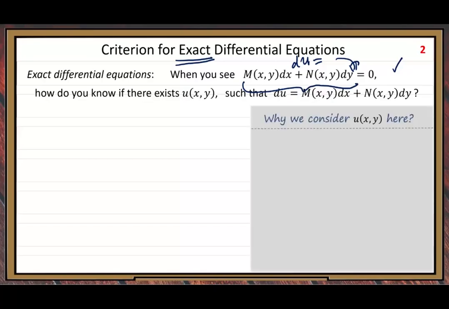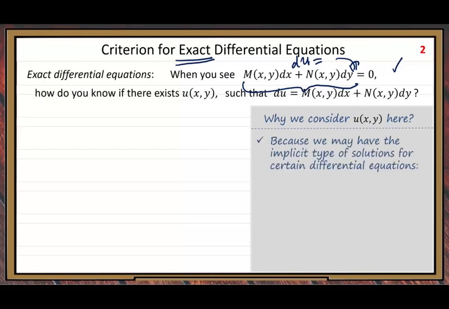Here we need to study the property of the u function again, related to the total differential property. So consider the implicit type solution of the differential equation, the solution form like this.